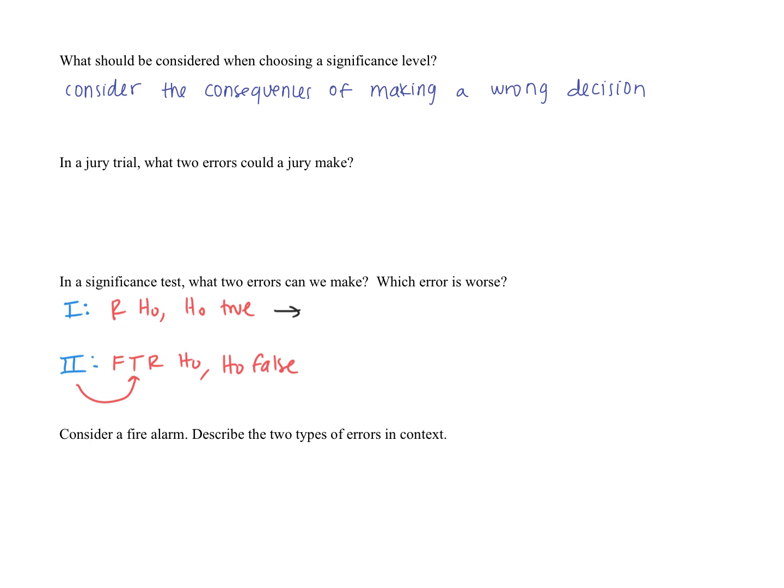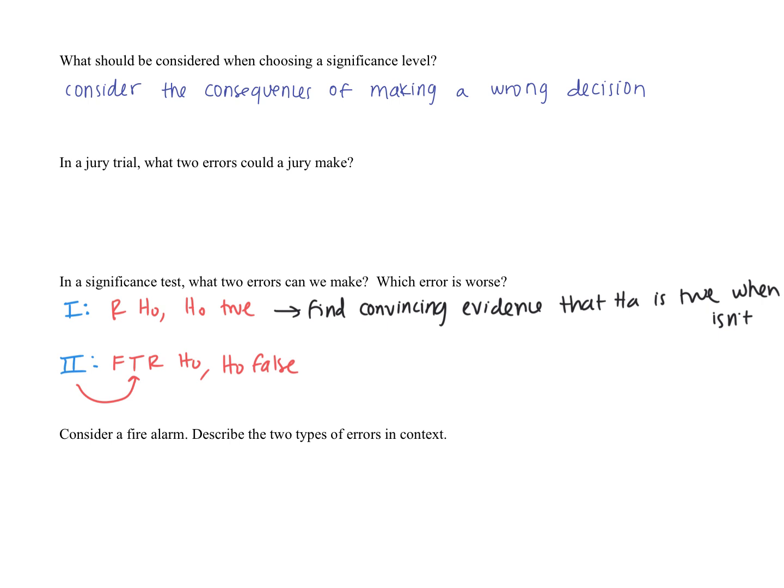Okay, here's what that means. If we reject the null, we find convincing evidence that HA is true when it isn't.